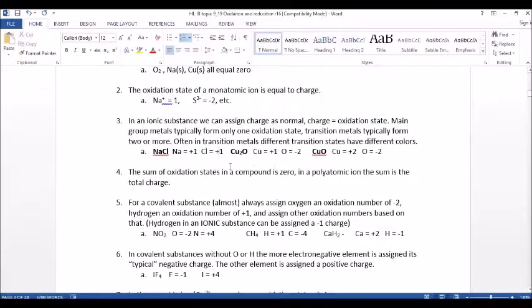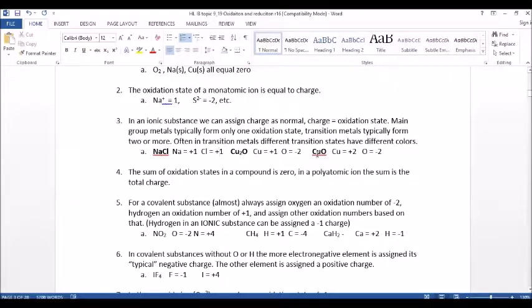All right, Cu2O. If we're asked to say the oxidation state of Cu and O here, oxygen's -2. Now Cu, we can't look that up on the periodic table, but we can deduce, since there are two Cus, each Cu must be +1 apiece. So the oxidation state of Cu in this compound is +1. In this compound, oxygen's -2.